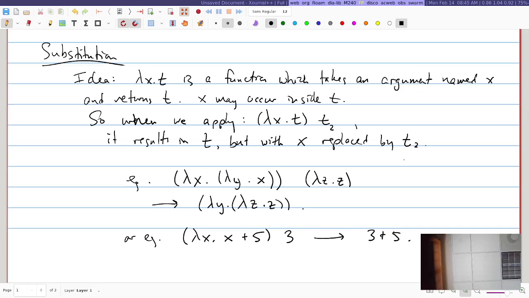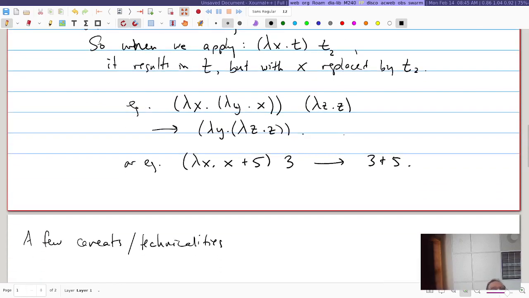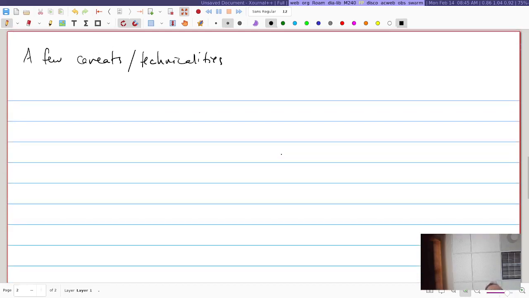There's a problem, which is just the fact that we have to pick actual names to stand for things gets in the way of a lot of stuff. Because what if we happen to pick the same name for two things? Or like Silas was saying, what if something has a different name or the same name? It actually causes some problems. So we just have to be a little careful about that. So that's what we're going to talk about next.